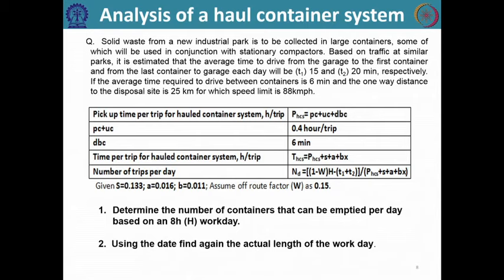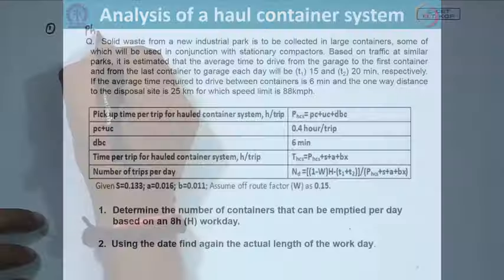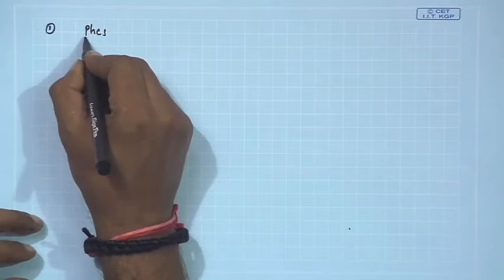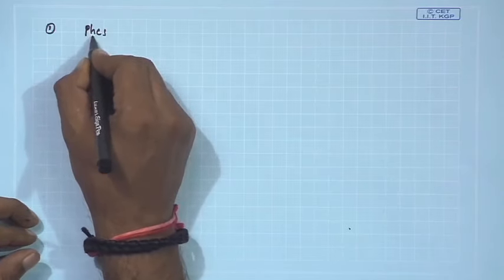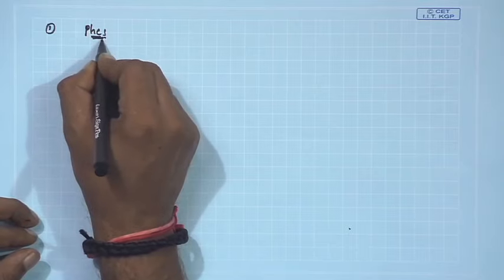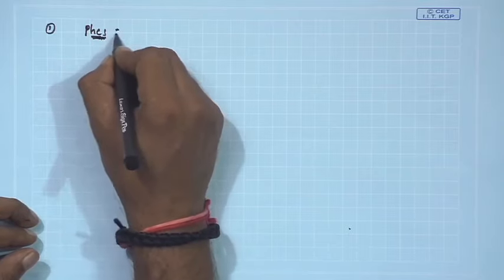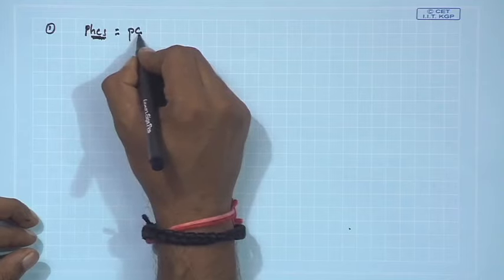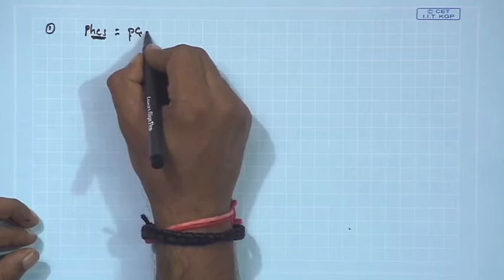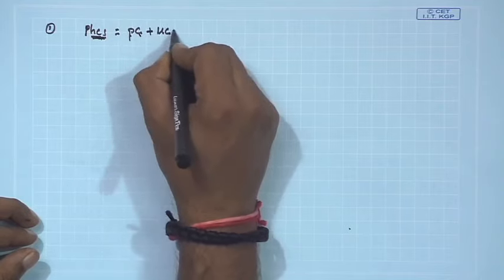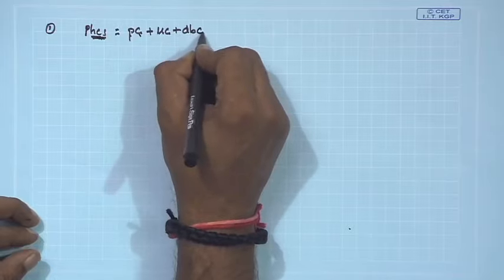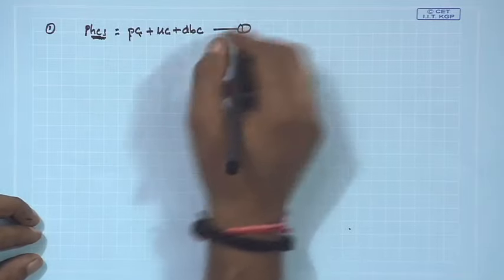You can see in the numerical as well that the pickup time formula is given: PHCS, that is pickup time for the haul container system, equals PC, that is pickup of container, plus unloading of container, plus drive between the containers.